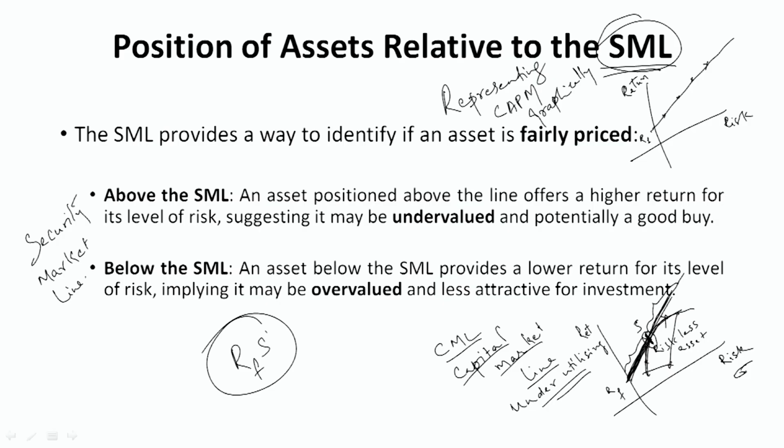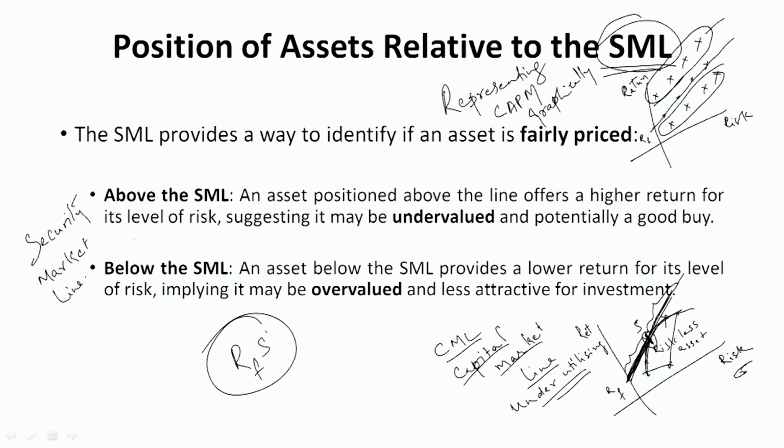If I do not want to take this much amount of risk, or my return is lesser than what I am expecting, then it could be somewhere over here, or it could go up somewhere over there. If it is a high risk project with a higher return, I can put my money over here, right? And if it is below the SML line, then it is considered to be an undervalued stock or low valued stock.